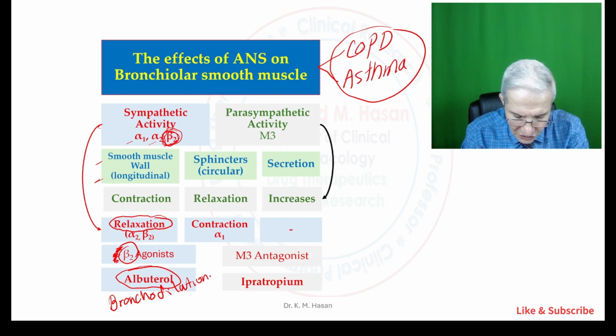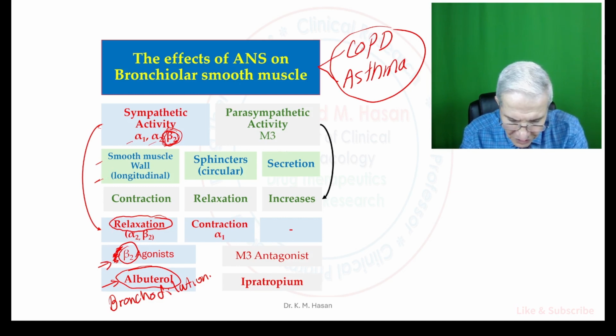Okay, bronchodilation is induced by albuterol. Albuterol is a beta 2 agonist. Beta 2 agonists belong to the sympathetic system, and the beta 2 receptors are available in the smooth muscle longitudinal fibers in the bronchial tree.